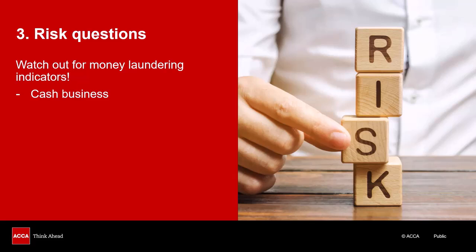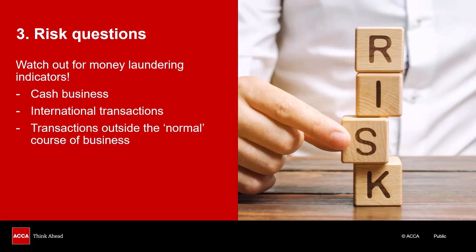You know, it's a cash business. There are lots of international transactions taking place, and there could be transactions taking place that aren't anything to do with what this business normally does. Those are the things I'm looking out for. And if I spot any of these things, I'm on my radar now that there's potentially money laundering going on, which I can use to add depth to a business risk or an audit risk.